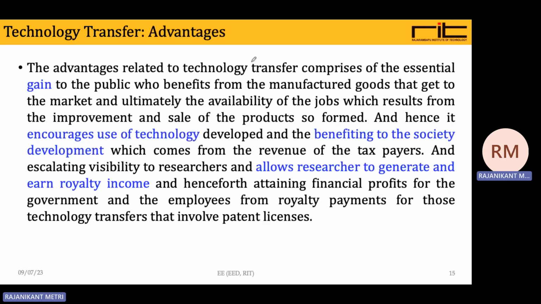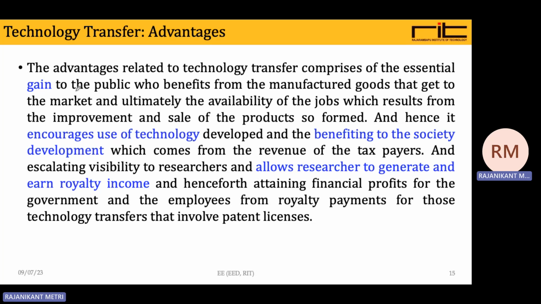Now we'll see some of the advantages of technology transfer. The advantages of technology transfer comprise essential gain to the public, who benefit from the manufactured goods that get to the market, and ultimately the availability of jobs which results from the improvement and sale of the products so formed.